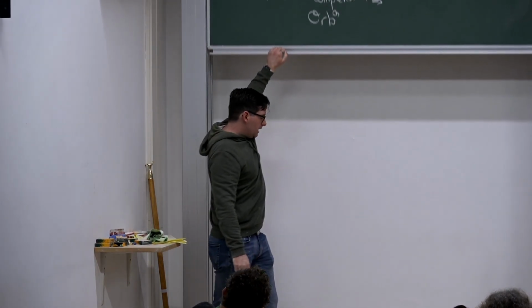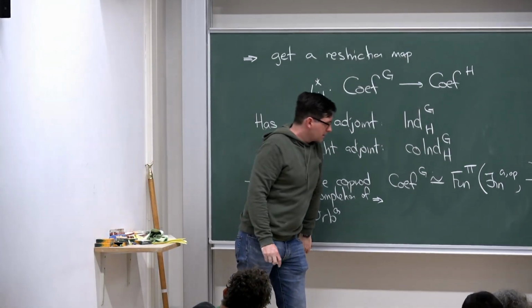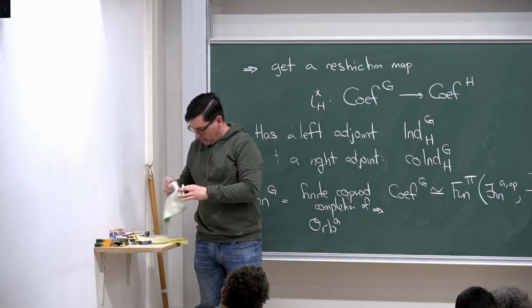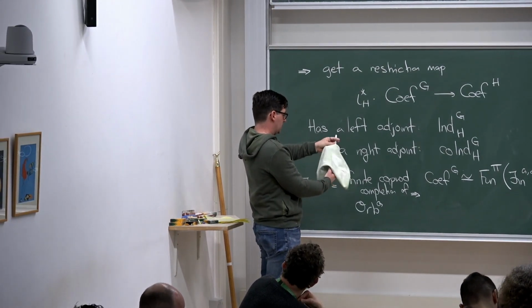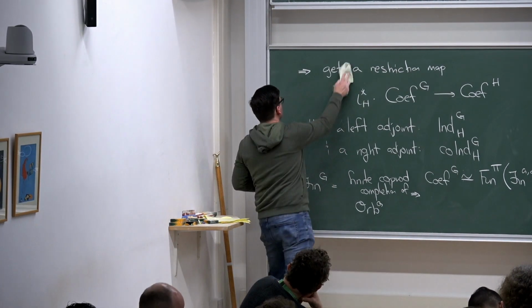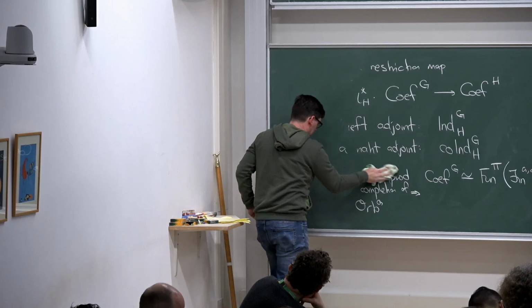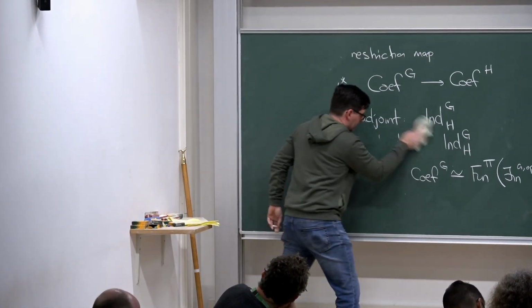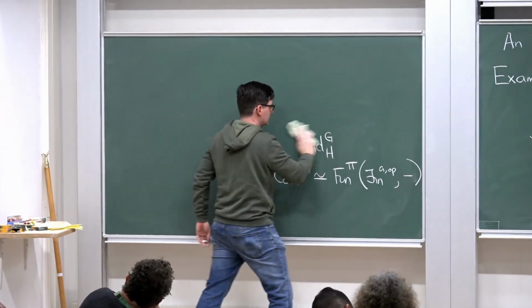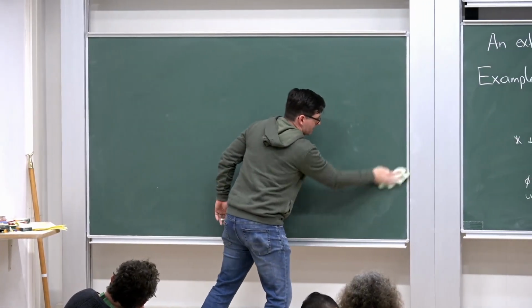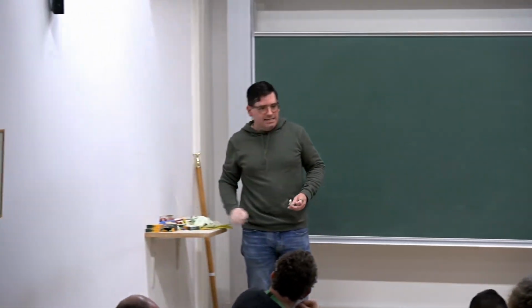And there's kind of a yoga that you start to find yourself increasingly enmeshed in as you're doing equivariant homotopy theory, and that is that G spaces are actually enriched naturally in G spaces. And the enrichment that I'm writing down is exactly this one.